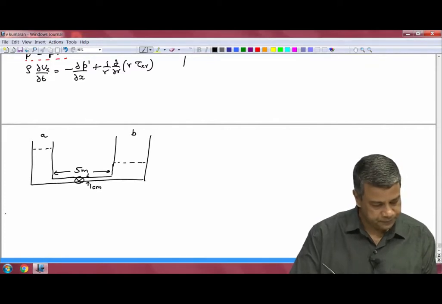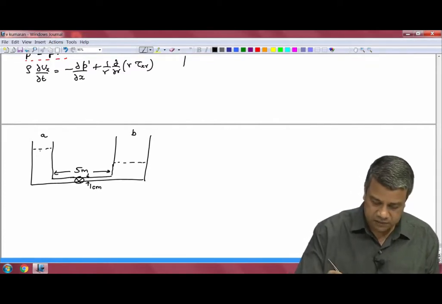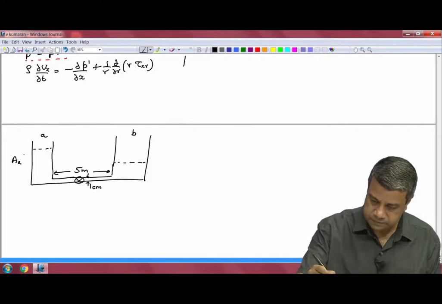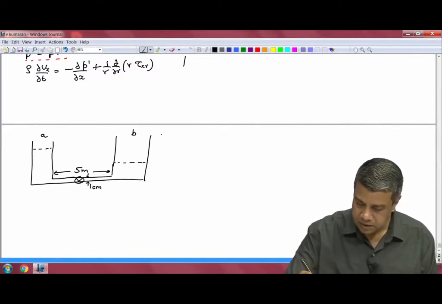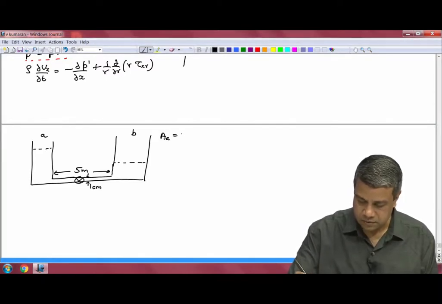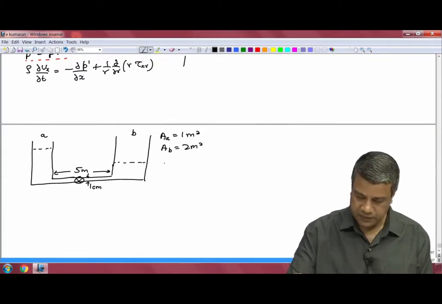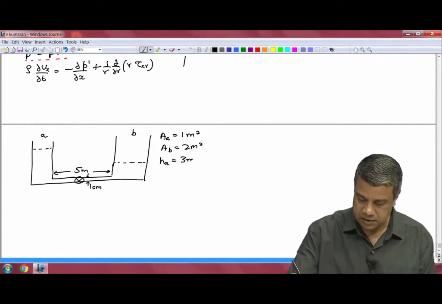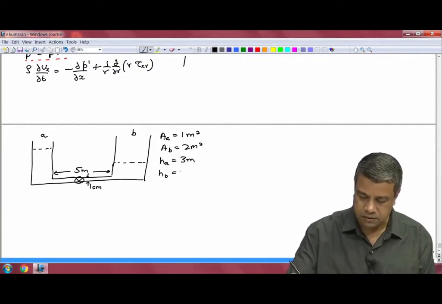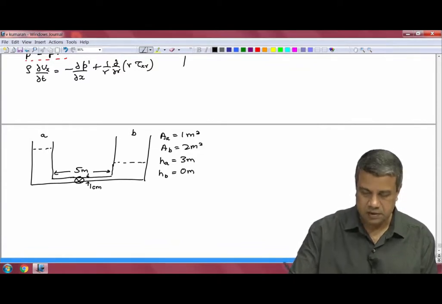The area of tank A is equal to 1 meter square, area of tank B is equal to 2 meters square. Initial height h in tank A is equal to 3 meters and h in tank B is equal to 0.